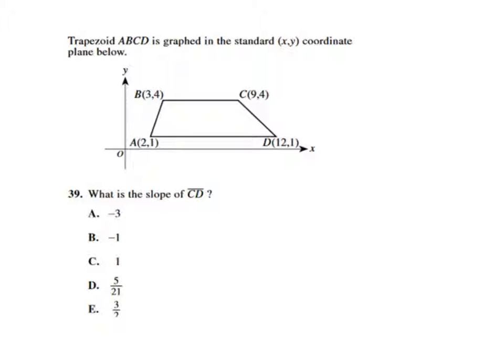Number 39 asks us to find the slope of segment CD. So here's segment CD. C is at 9,4 and D is at 12,1. And we want to find the slope.